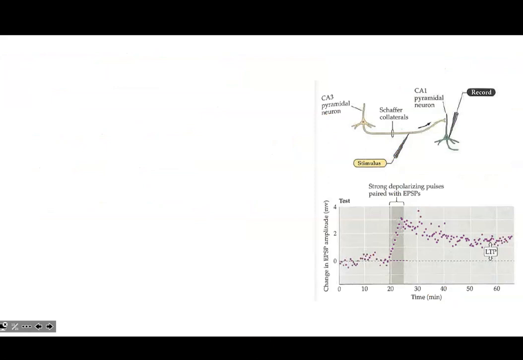So let's talk a little bit more about this. Let's talk about 3 unique properties of long-term potentiation. Okay. The first that I would mention is that it requires activity that's strong pre and post-synaptically.